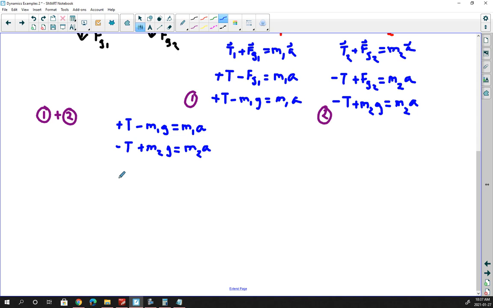I'm just going to add these equations. Let me draw an addition line here. So these two add together, positive t and negative t, well, that's 0. Then here we have m2g and minus m1g. I've added those two. And over here, on the other side of the equation, I'm going to add these two terms. And you see, the tension has been eliminated.